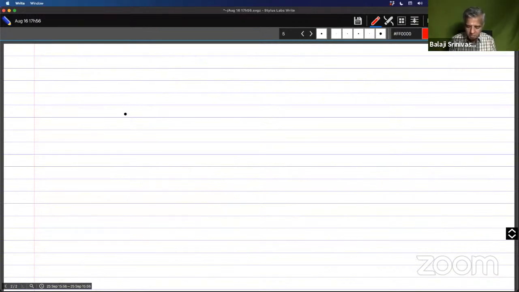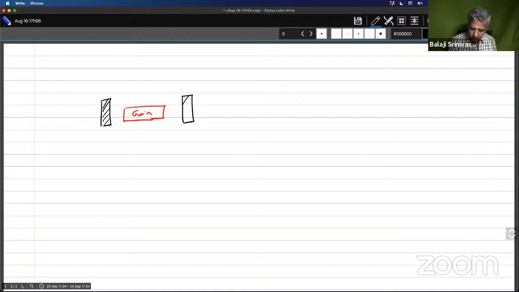Normally we talked about this cavity where you have a certain gain element, and with feedback at both ends of the gain element. So these are reflecting elements. So there will be multiple round trips.